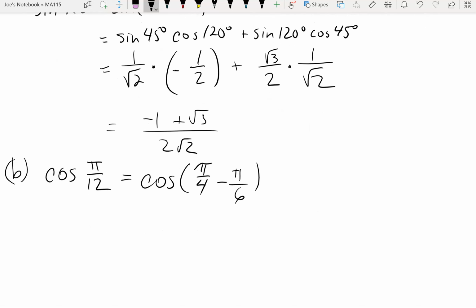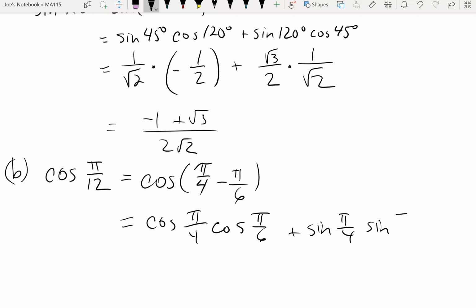All right, so how will we rewrite this one then? Good. Remember, for your cosine formula, it's cosine, cosine, sine, sine, but the middle sign flips.